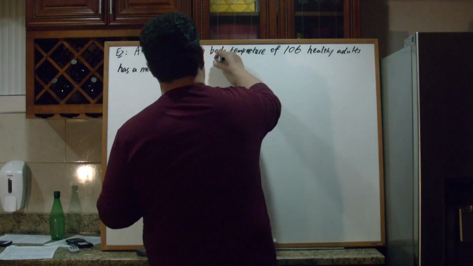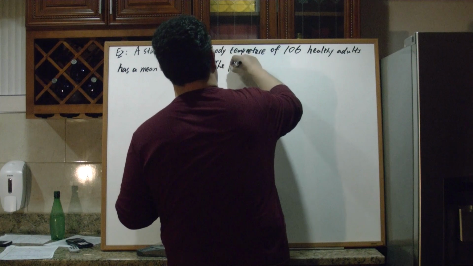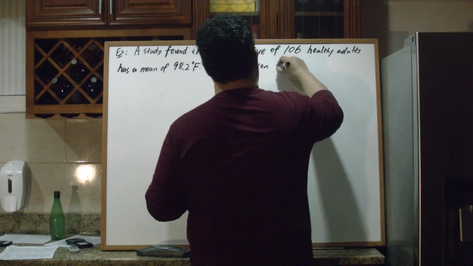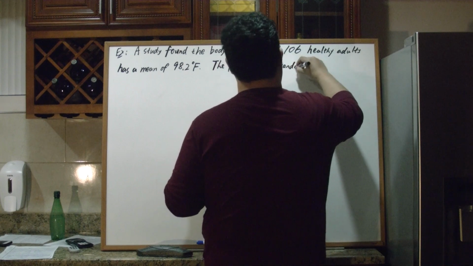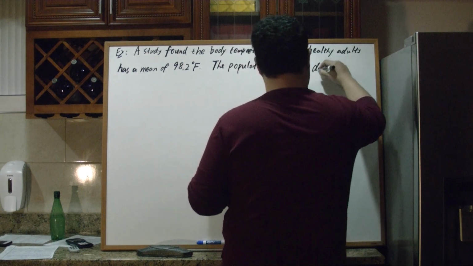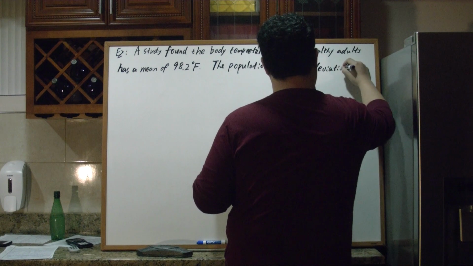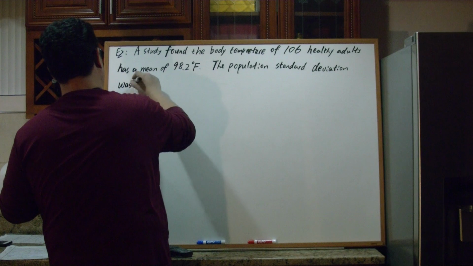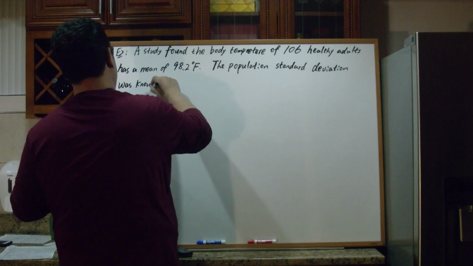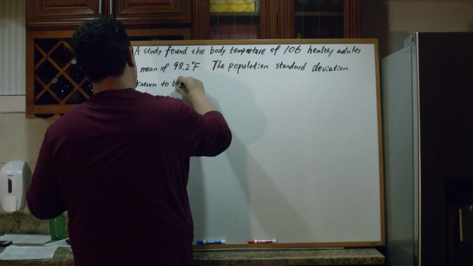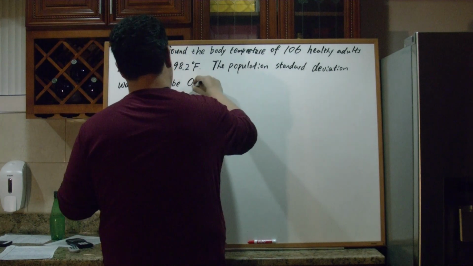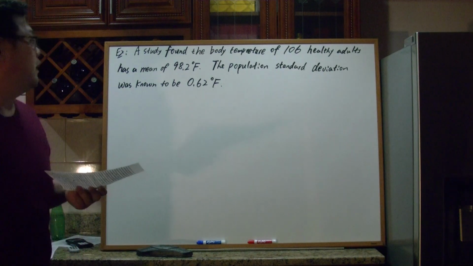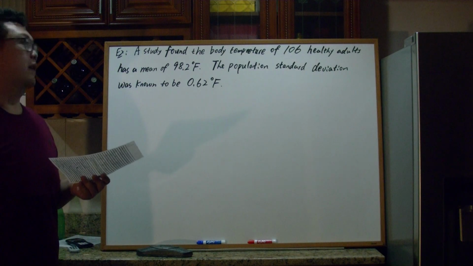Also, we know the population standard deviation was known to be 0.62 degrees Fahrenheit.